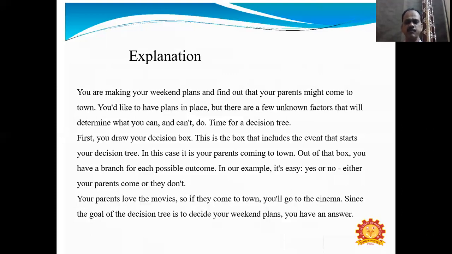If your parents come, you split the branch at the left side and put yes; otherwise, on the right side, you put no. So we have split two branches, one yes and one no, for the parents coming or not coming.